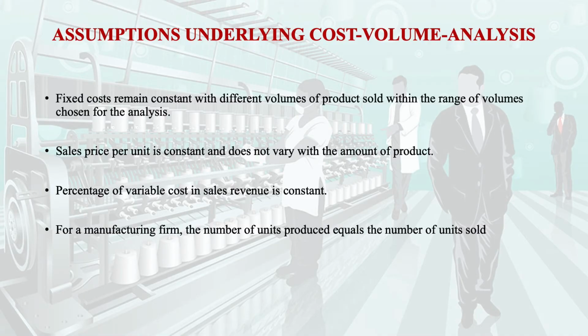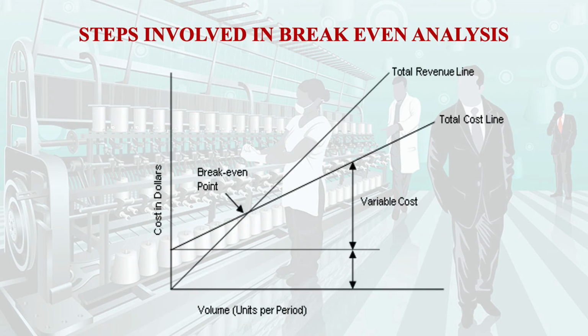Third assumption is the percentage of variable cost in sales revenue also remains constant. For a manufacturing firm, the number of units produced equals the number of units sold. That means there is no leftover and there is no stock out condition.